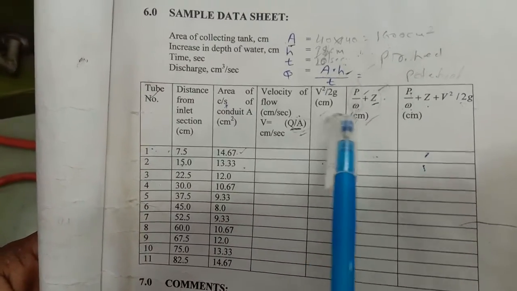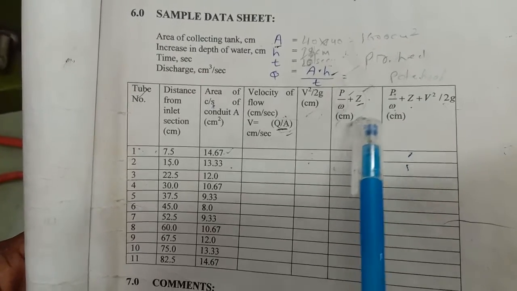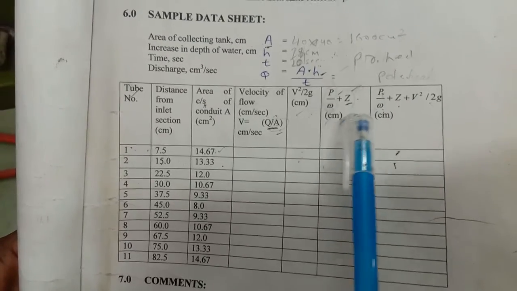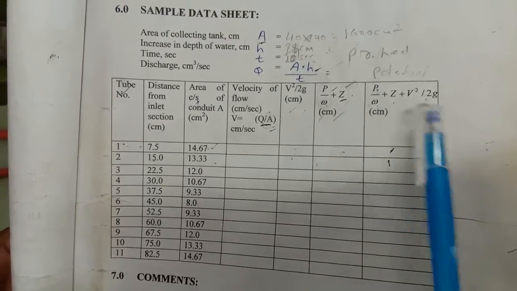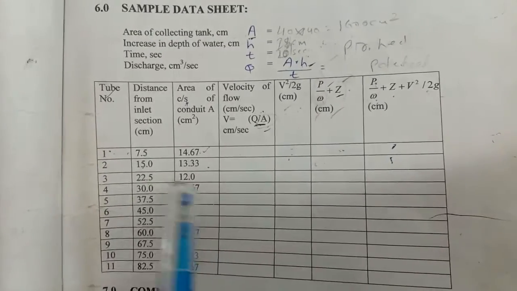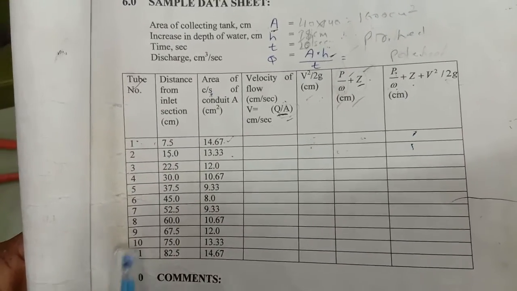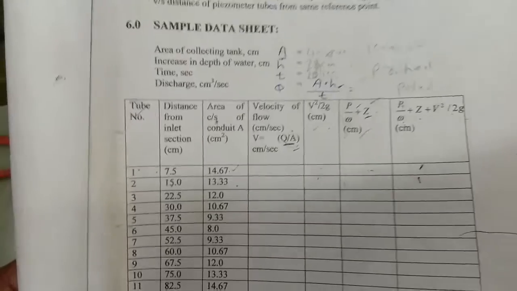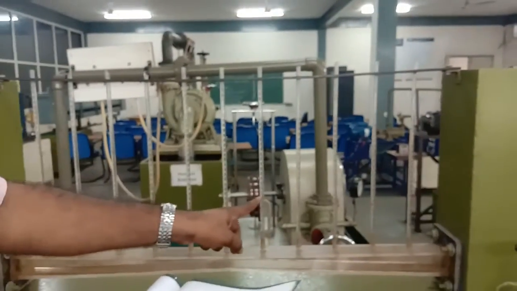Here it shows the kinetic head value, and this is the value of potential head plus datum head. If you combine these two, that gives the entire equation. You have a total of 11 points, which are related to all these 11 piezometer tubes.